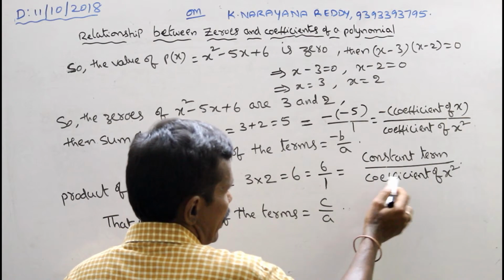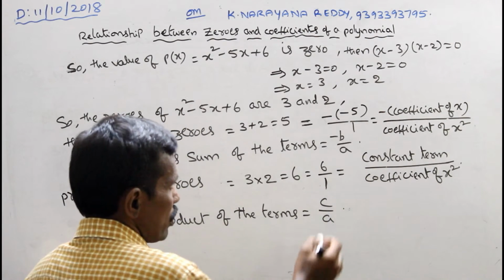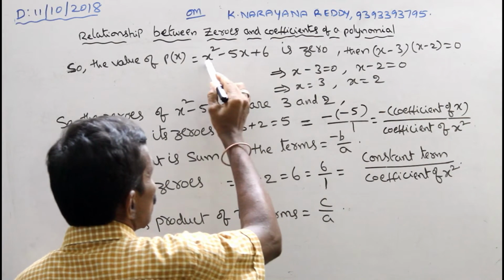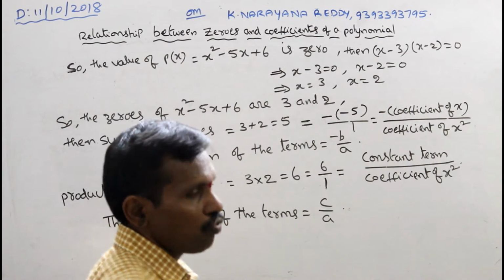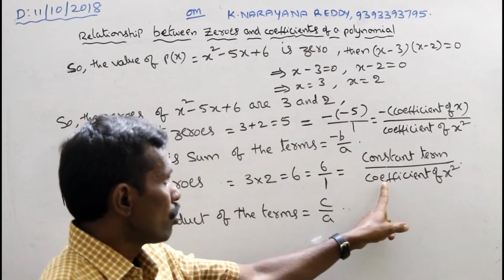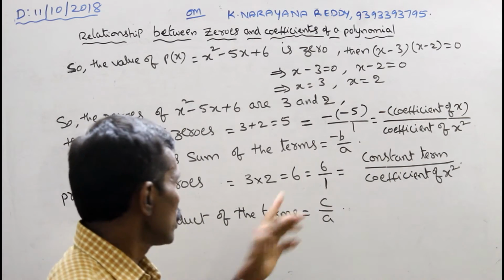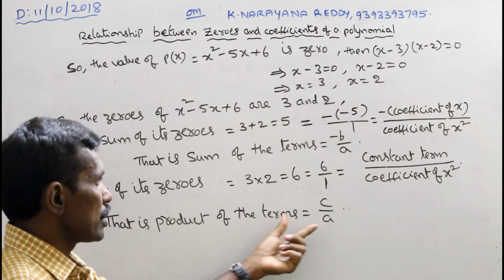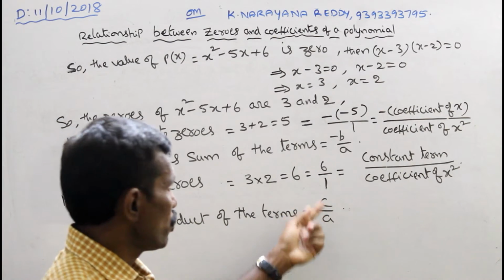Constant term by coefficient of x square. That means coefficient of x square means what? Multiple 1. So constant term is 6 and coefficient of x square is 1. That is, product of terms is nothing but c by a. This is the formula. You know that.